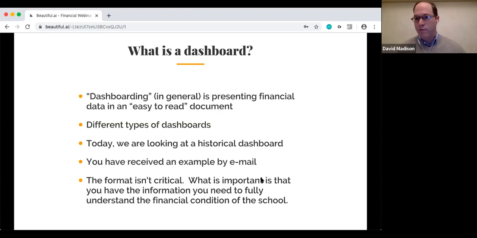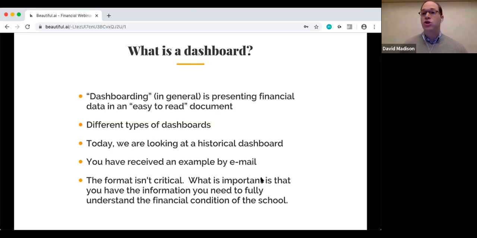One caveat before we get started. How you do this in the actual format really isn't that important. I've sent you an example. However you do it, be it on slides, be it on a spreadsheet that takes a different form, don't worry too much about that. The important thing is that you're tracking all of this information in an easy to digest way.